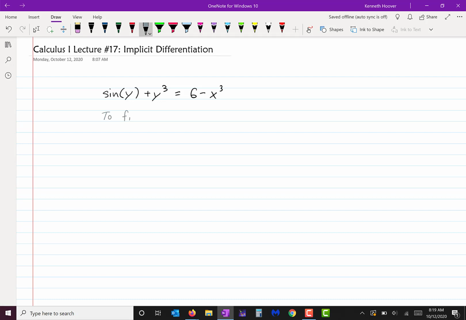So to find the derivative of y with respect to x, we treat y as a function of x, even though we are not going to solve for y in terms of x. Now, what that means is this. Let's look at the first part, sine of y. What's the derivative of sine? It's cosine, right?